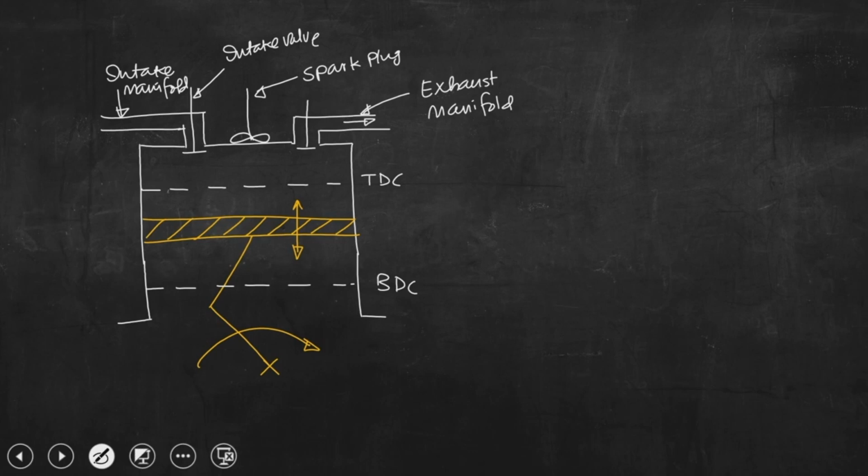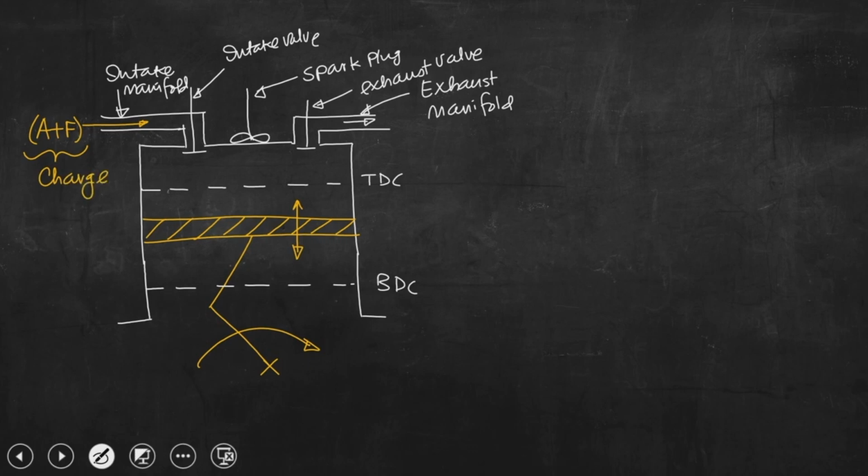Of course, there is a valve attached here, so this is the exhaust valve. Now, this spark plug will not be there if it is a CI engine, and through this, if I mark using this color, this is the air fuel mixture, air plus fuel. So, this is the charge.